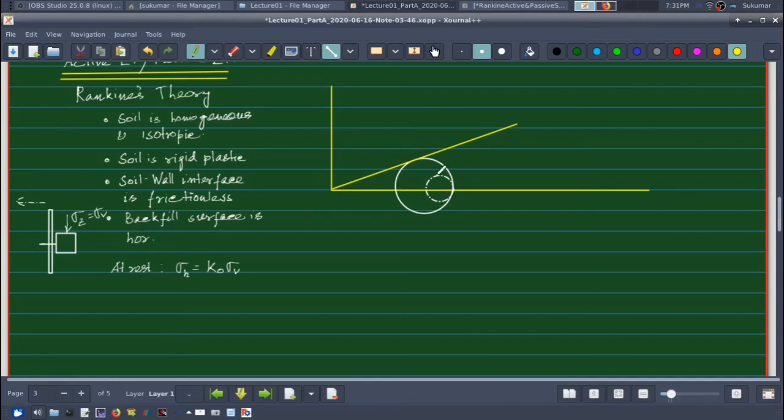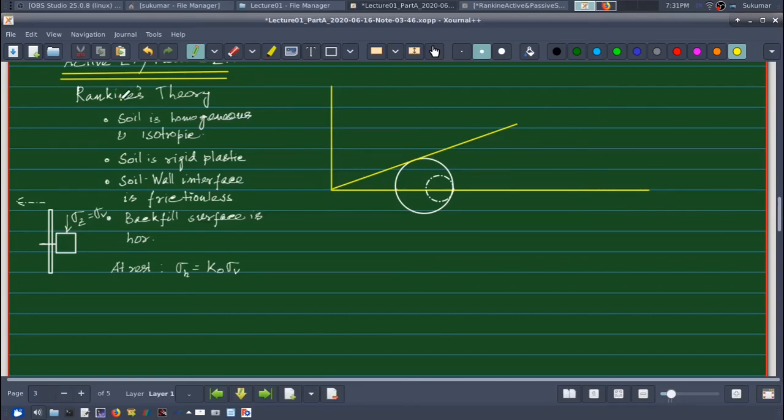Okay, so that's what I am doing: I am keeping my sigma v constant, and I am reducing the sigma h up to this value such that it touches the Mohr Coulomb failure envelope. Okay, I am assuming a cohesionless soil now.